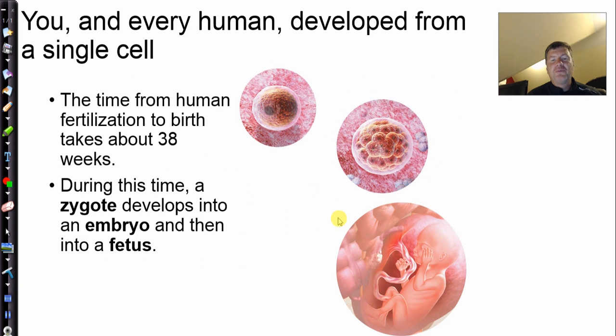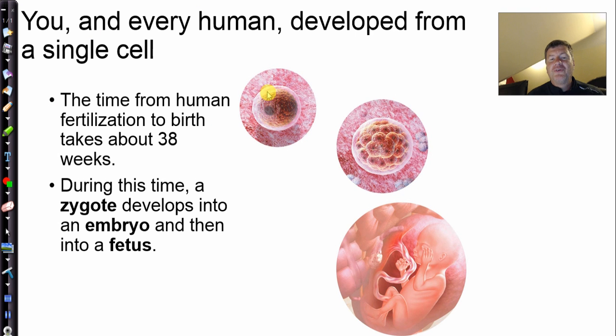Okay, just want to point out again a couple of basics here. The time from fertilization to birth is about 38 weeks. So they actually can calculate when a woman's supposed to have a baby based on the date of her last menstruation, therefore guessing when she ovulated and coming up with an estimate.